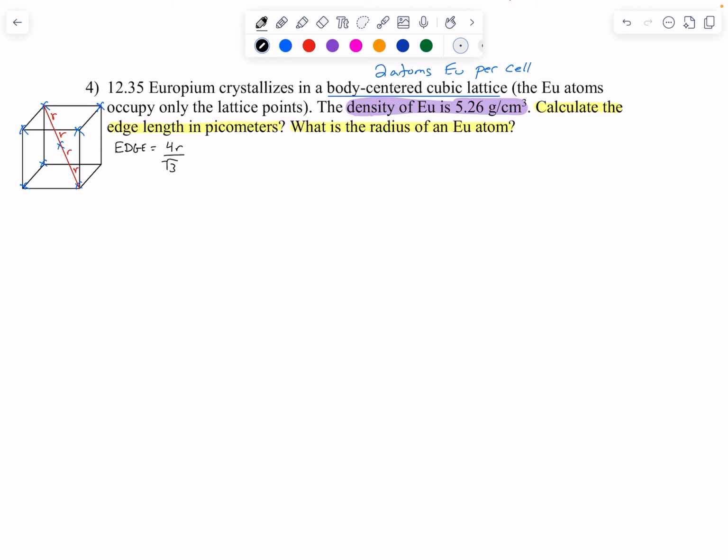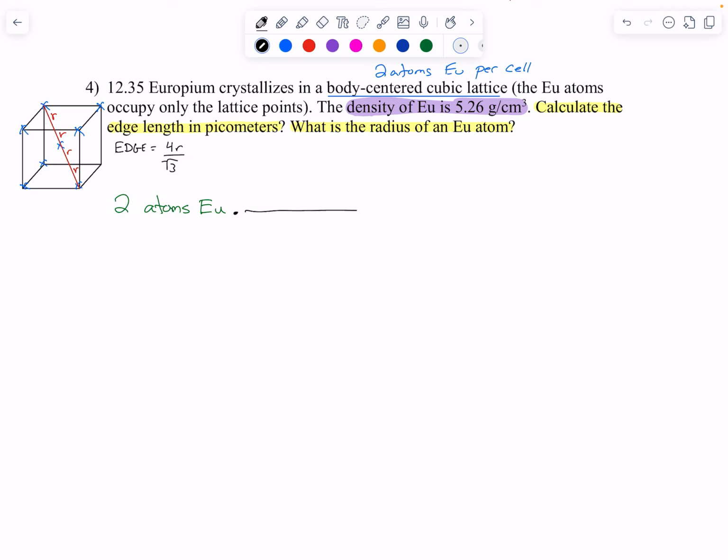All right, so what do we do with this? We got to figure out the edge, then we got to figure out the radius. Well, if I know how many atoms are there and I have the density, I can figure out the size of the cube, right? So we're going to start with our 2 atoms of europium, EU.